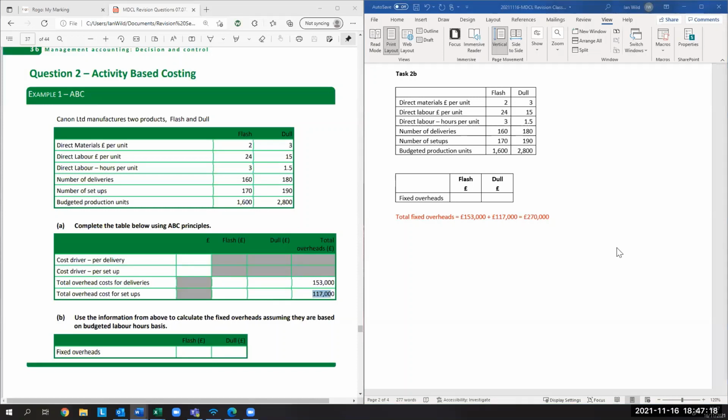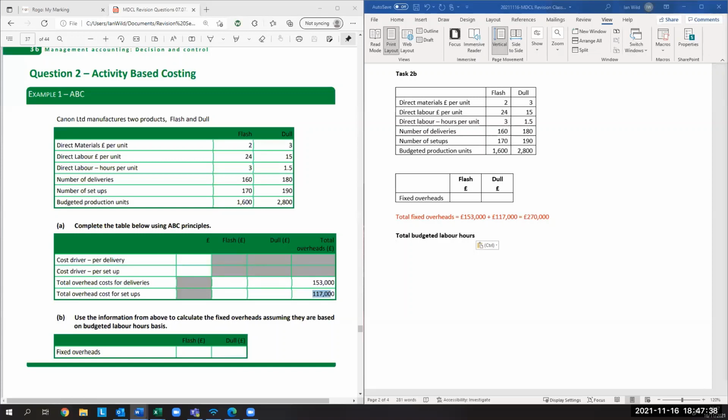Okay, what we need to do now is work out what our labour hours are. Now we're given the labour hours per unit. We need to work out our total labour hours for the entire business.